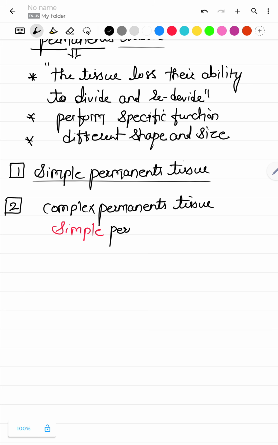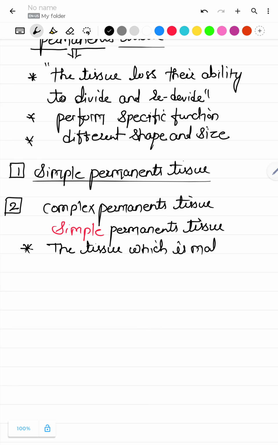Simple permanent tissue is basically the tissue which is made up of only one type of cell, or the tissue which is made up of a single type of cell.